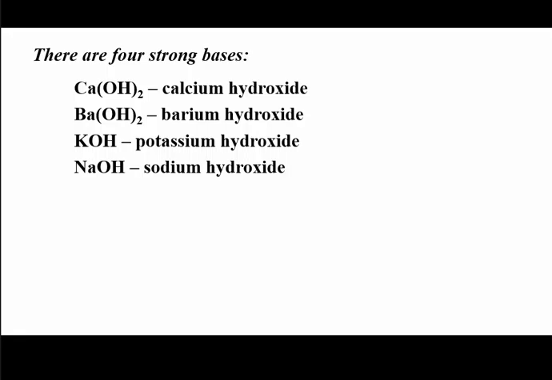Some people would define strong bases slightly differently and would have a different one in the list, or would add one more to the list, or whatever. But these are pretty commonly considered strong bases. Now what that means is it's the same reason why acids are strong. Acids are strong because they completely dissociate. Bases are also strong because they completely dissociate. Okay?